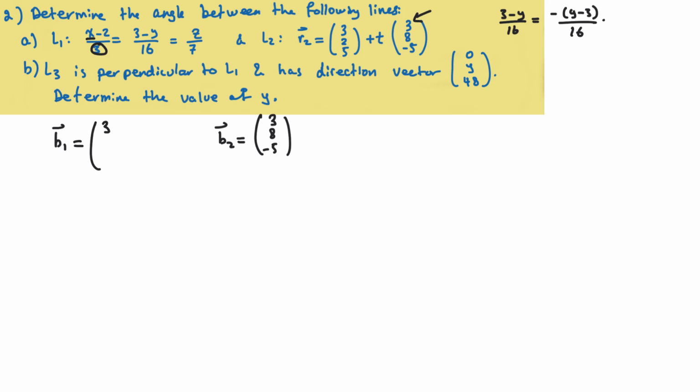Then we shift the negative onto the denominator, and the y component of our direction vector is -16.